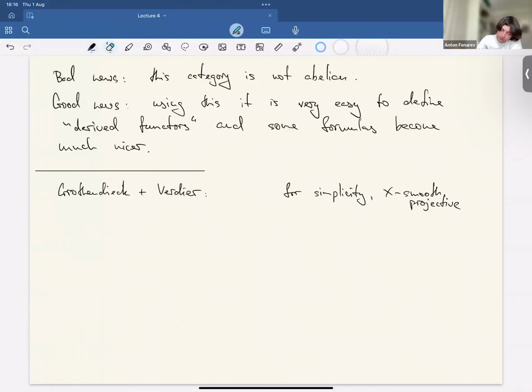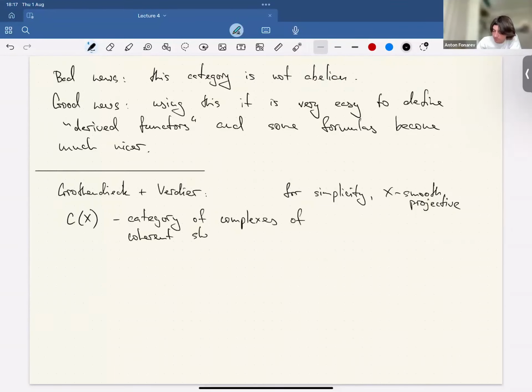In order to define D of X, we start with C of X to be the category of all possible complexes of coherent sheaves with finitely many non-zero terms.